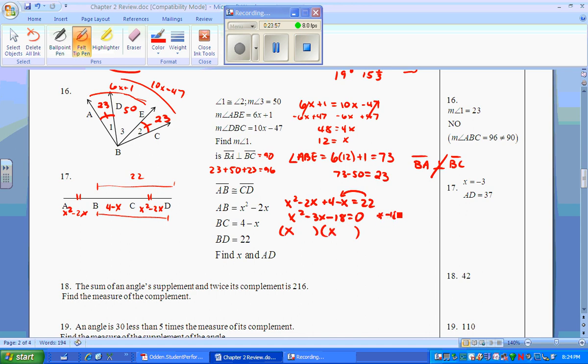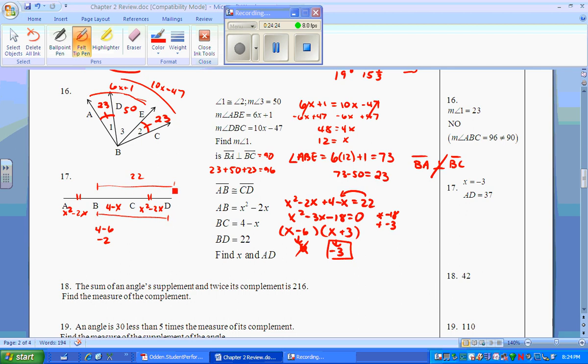Two numbers that multiply to negative 18 but add to negative 3 are negative 6 and positive 3. So this answer is 6. This answer is negative 3. We have to check to see if they both work. I look at this piece right here and say, 4 minus 6 equals negative 2. So the positive value doesn't work. Once again, negative 3 works.